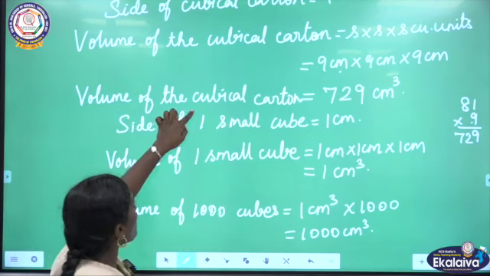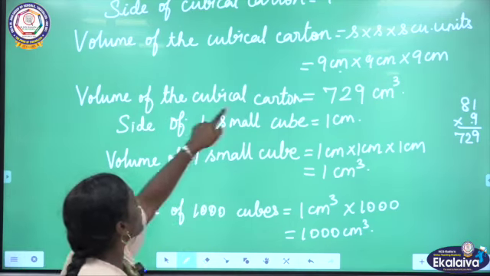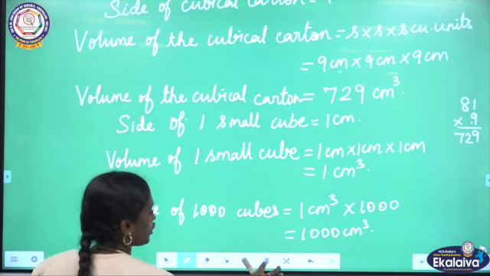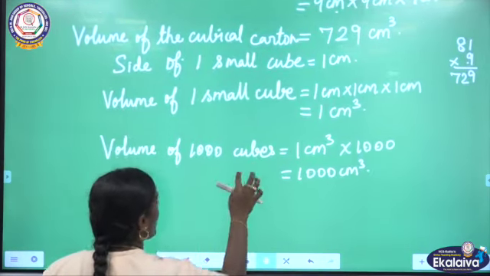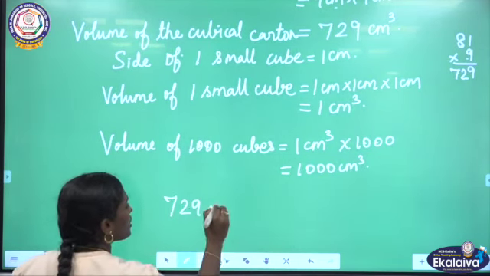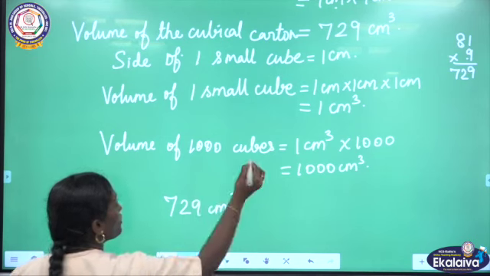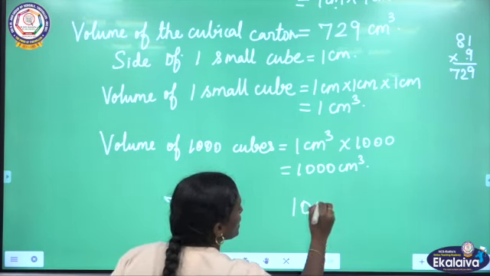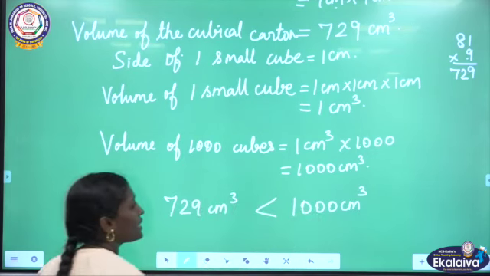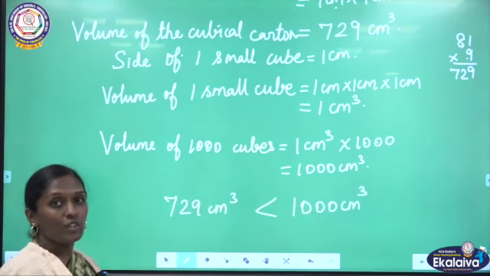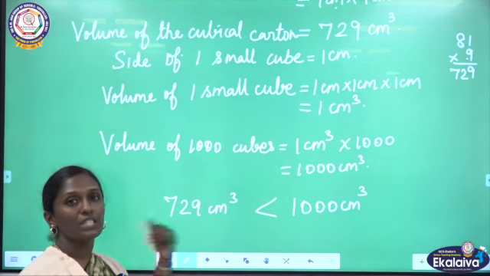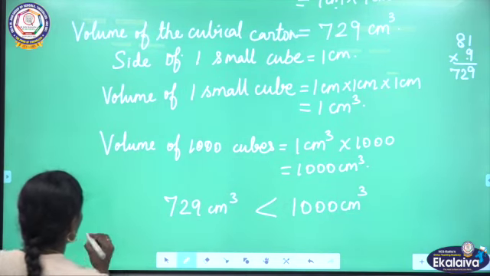Now we have to compare these two volumes, volume of the cubical carton and volume of 1000 cubes. Volume of the carton is 729 centimeter cube. Volume of 1000 cubes is 1000 centimeter cube. So this is greater than the volume of the cubical carton. So we can't fit the 1000 cubes in the carton. Is it clear?